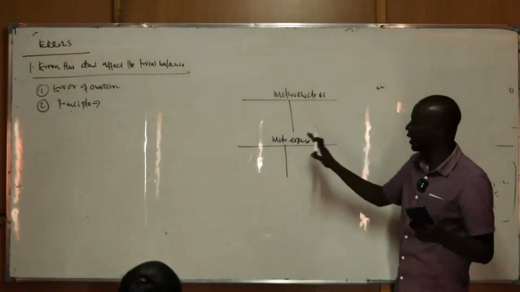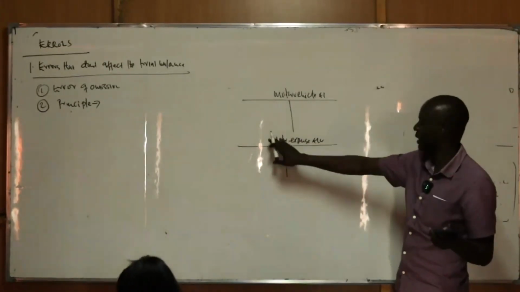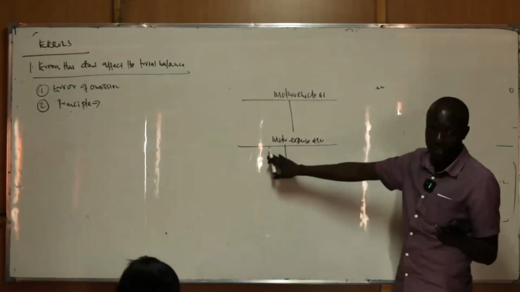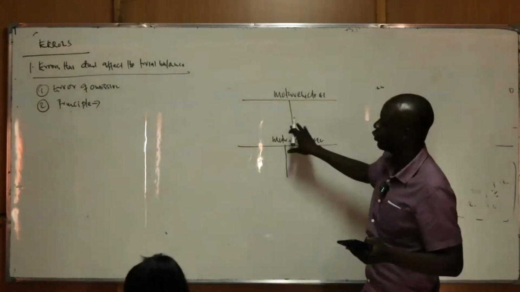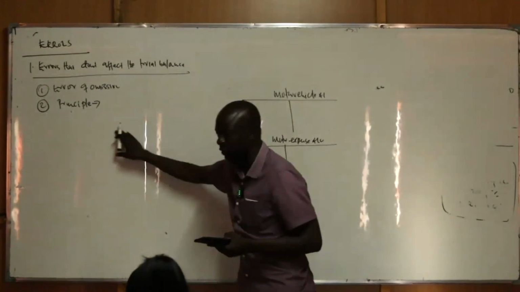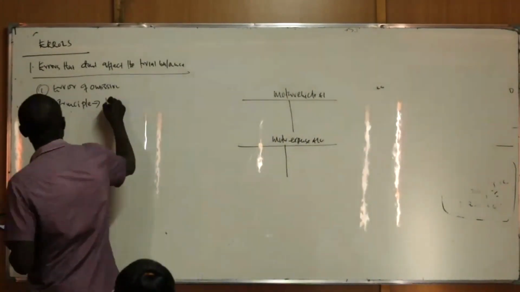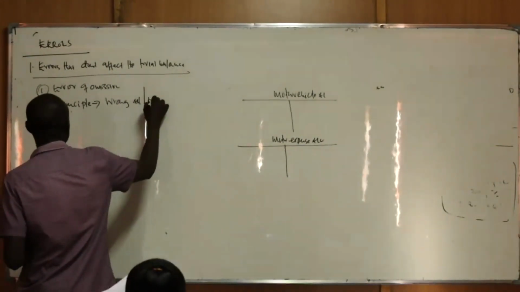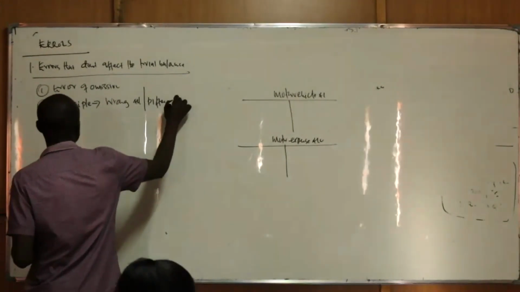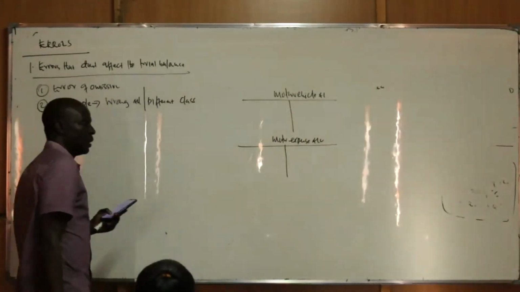The trial balance will still agree, because it will show a debit balance, the same way it is showing here. This is an asset account and this is an expense account. So this is where you post to a wrong account of different class. We call it error of principle.